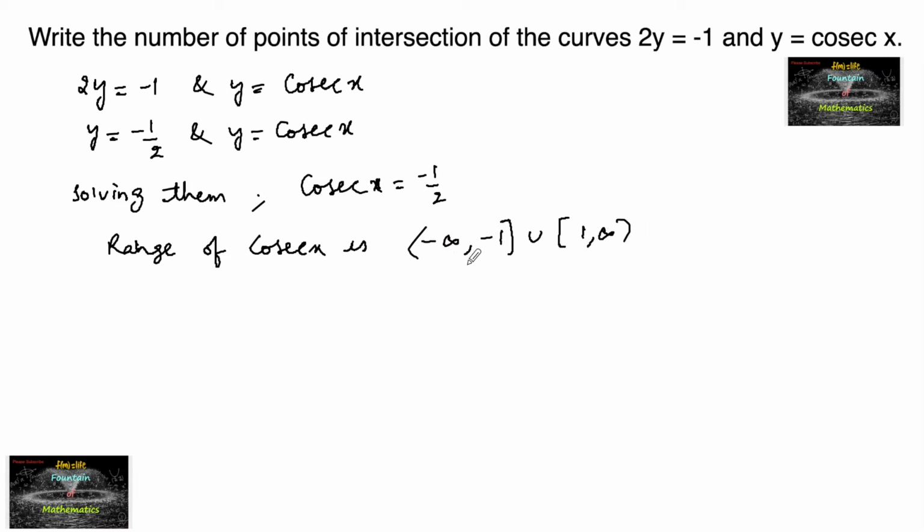So from minus infinity to minus 1 and 1 to infinity only the cosecant x will lie, but cosecant x is equal to minus 1 by 2 is not possible. Hence we can say there is no point of intersection. Hence 2y is equal to minus 1 and y is equal to cosecant x will not intersect.